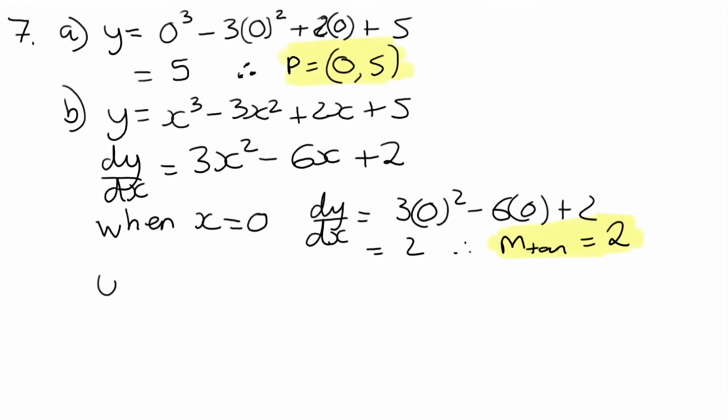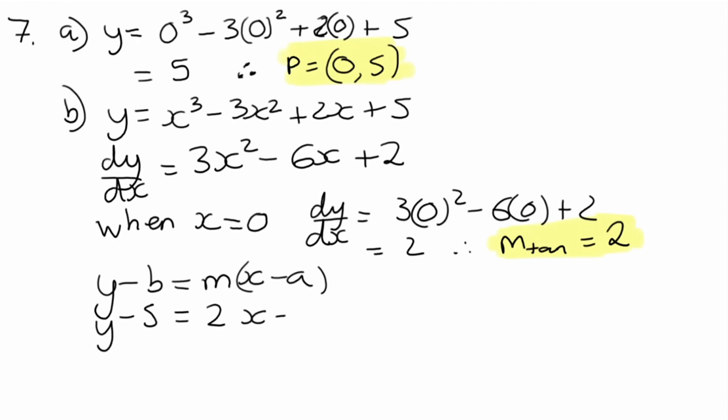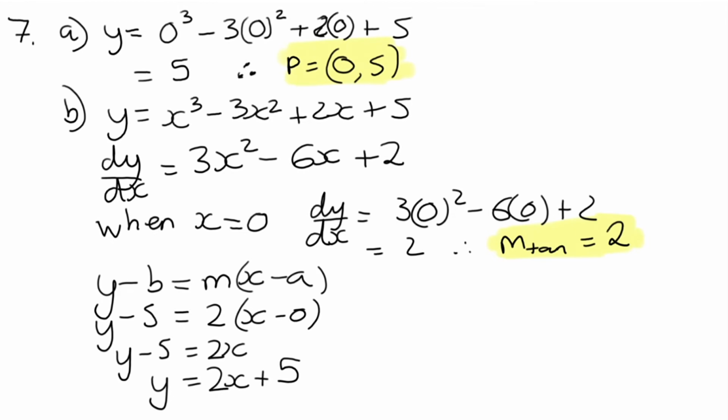Let's now just do y minus b equals m(x minus a). So y equals 2x plus 5 is our equation of the tangent to the curve.